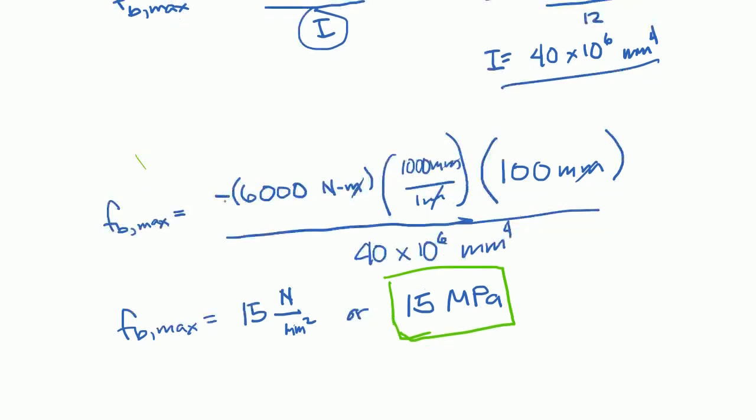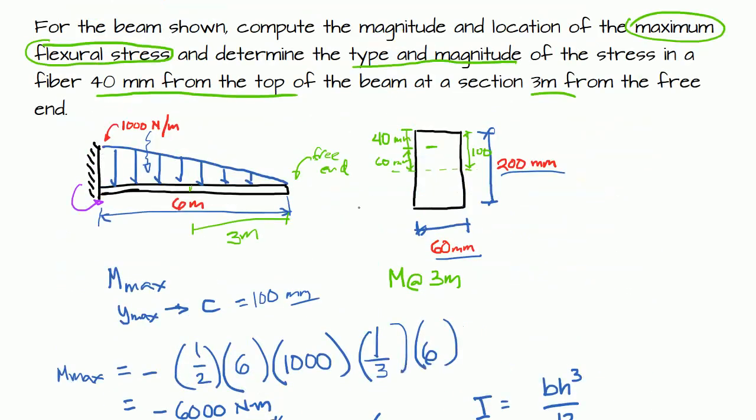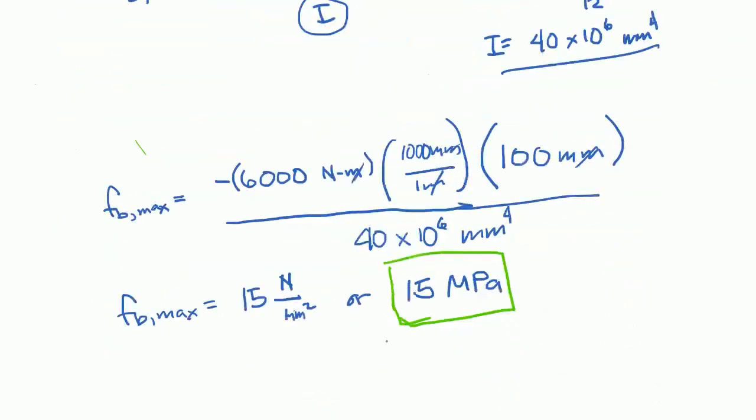Anyway, kung nilagay mo yung negative, magiging negative yung sagot. Yung C kasi natin, this can be a positive or negative depending kung upward or downward sa neutral axis. And since maximum yung hinahanap sa rectangle, parehas lang yung C sa taas at baba. So, this will not matter for this problem.